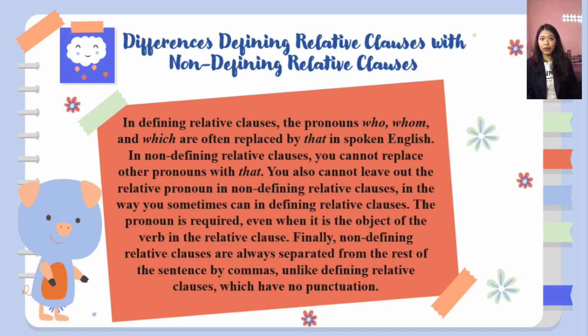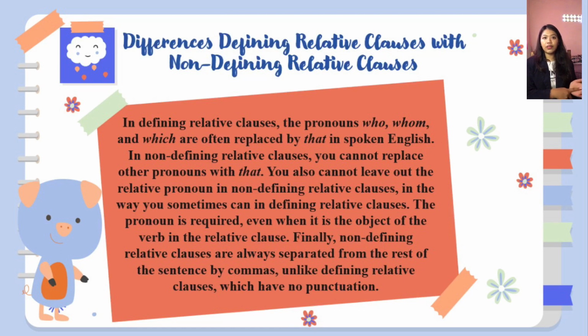You also cannot leave out the relative pronoun in a non-defining relative clause, in the way you sometimes can in a defining relative clause. The pronoun is required even when it is not the object of the verb in the relative clause. Finally, non-defining relative clauses are always separated from the rest of the sentence by commas.